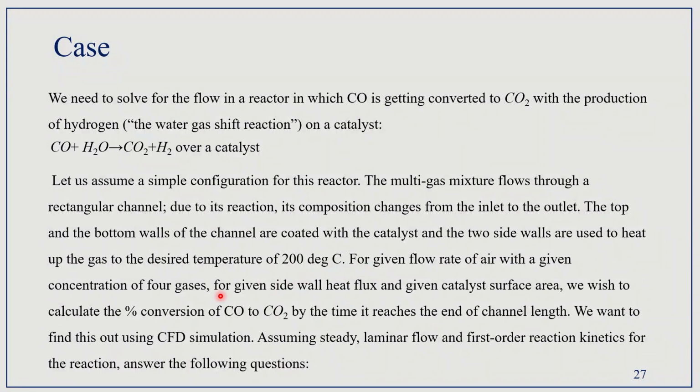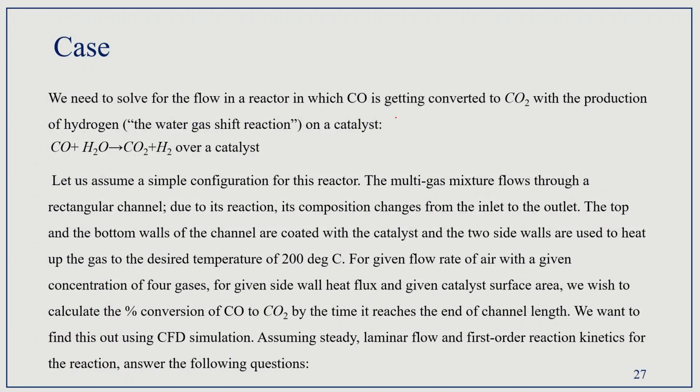For a given flow rate of air of the given concentration of 4 gases, for given side wall heat flux and given catalyst surface area, we wish to calculate the percent conversion of CO to CO2 by the time it reaches the end of the channel. We want to find this out using CFD simulations. Assuming steady laminar flow and first order reaction kinetics for the reaction, answer the following questions.